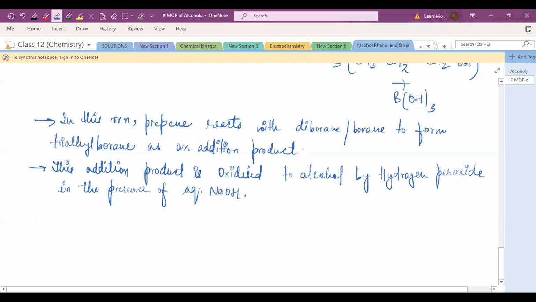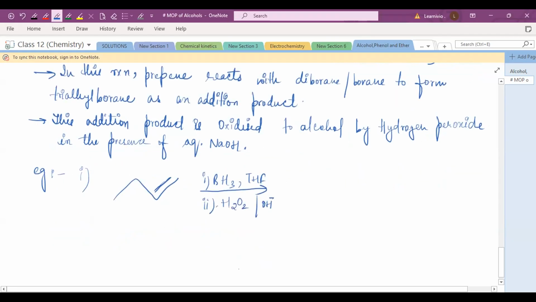Now see examples. Okay, suppose we take the first example, butene. When it undergoes hydroboration reaction, first step. In the second step, hydrogen peroxide in the presence of basic OH minus ion. Now tell me what will be the product.